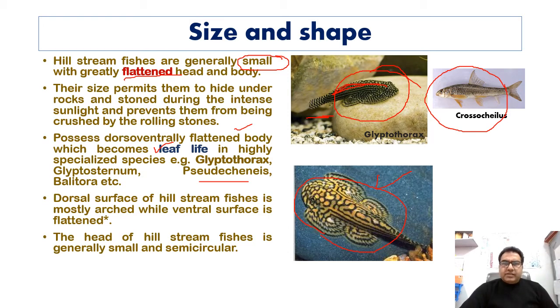When these fishes press against the bottom, their flattened ventral surface does not permit the water to escape, so they cannot flow with the current of the water. That is why this dorsoventral flattening of the body, mostly on the ventral side, prevents them from being taken away by the current of the water.